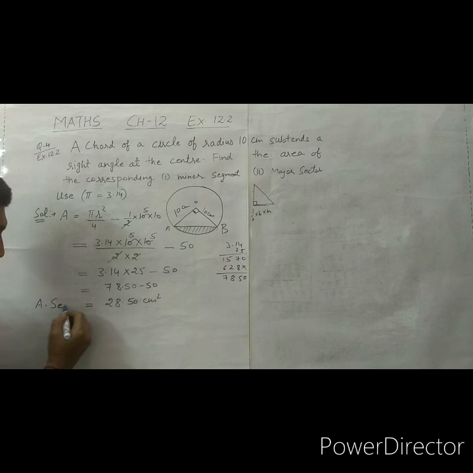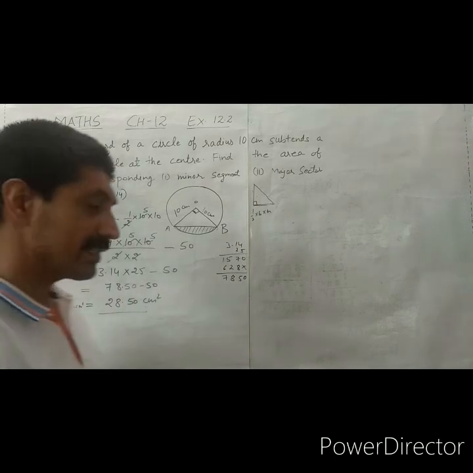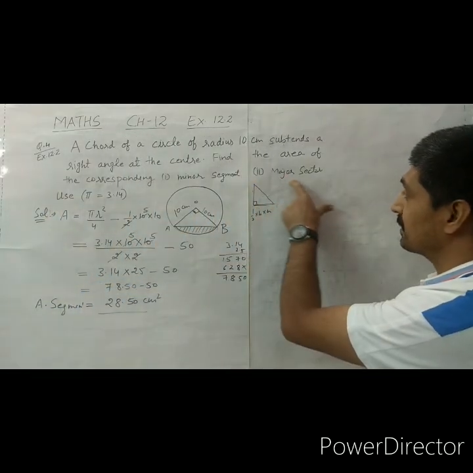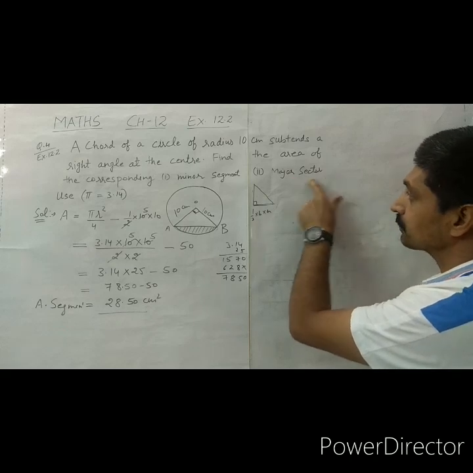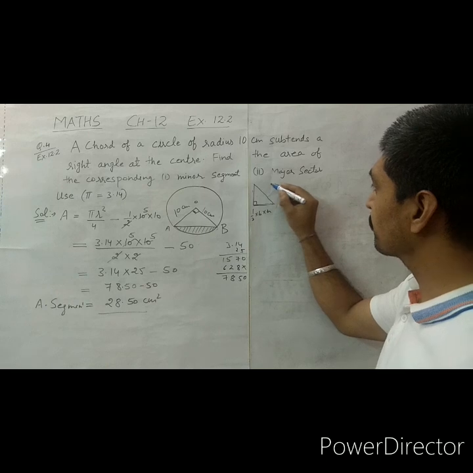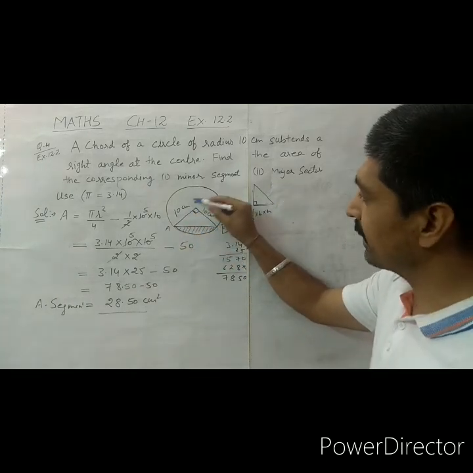Area of segment, that is minor segment, is 28.50 centimeter square. Now the second part is major sector. To find the area of the major sector, here we have to calculate this angle.